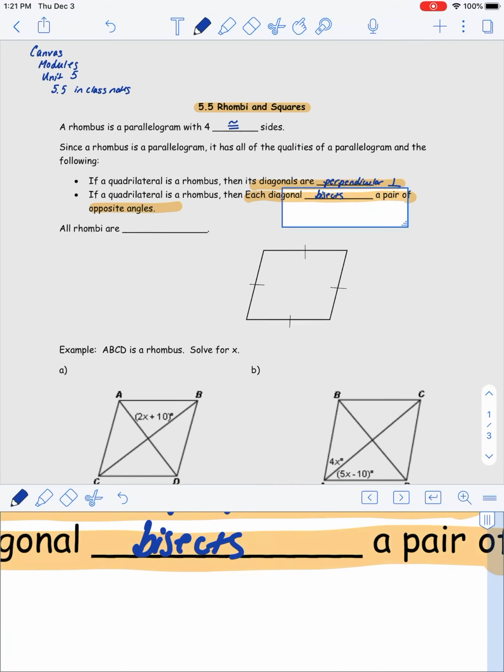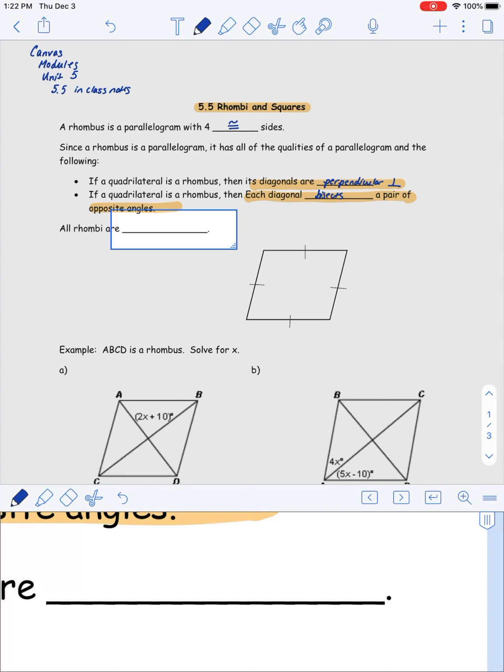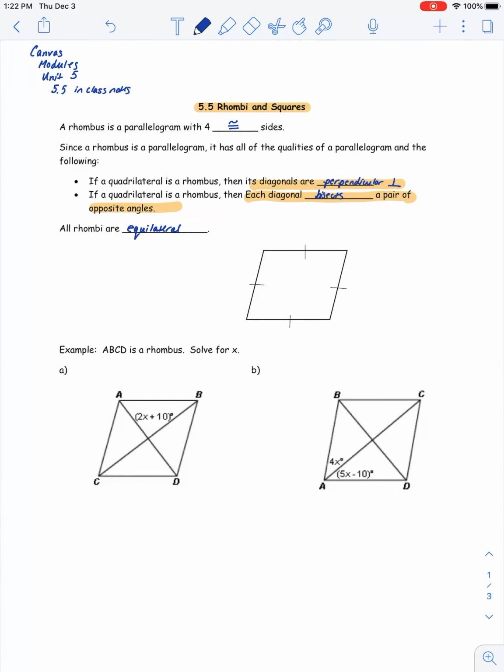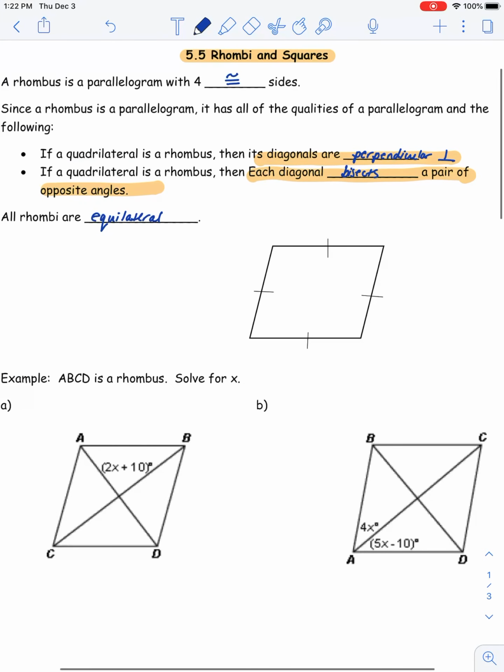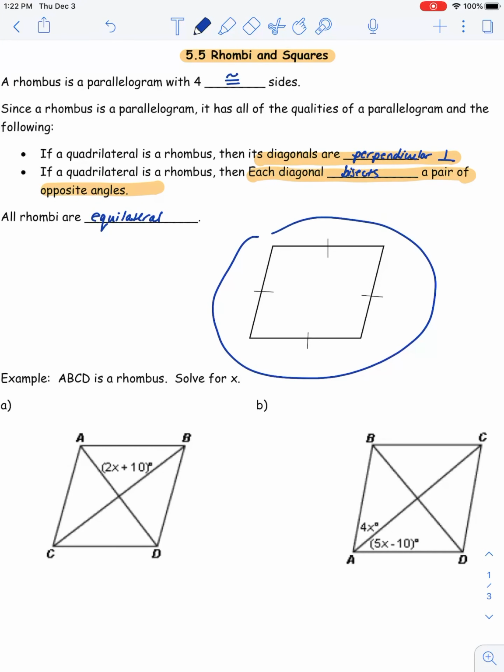We also know that all rhombi are equilateral, which means all of the sides are congruent, like in this picture right here. Now, I'm going to go back to the fact that a rhombus is a parallelogram. Since it's a parallelogram, we know that opposite sides are parallel.